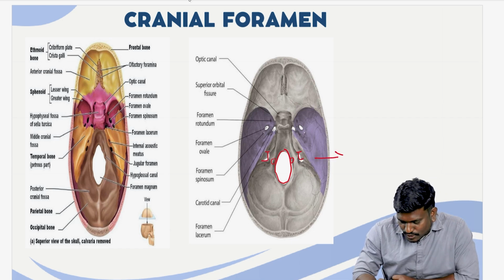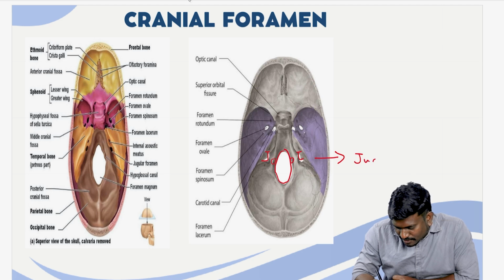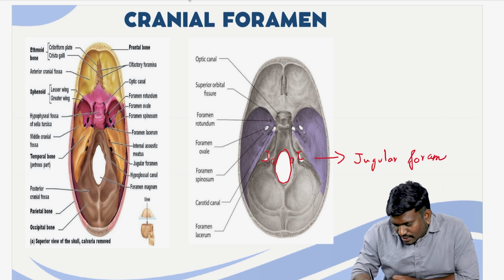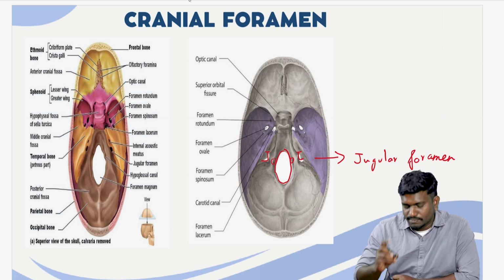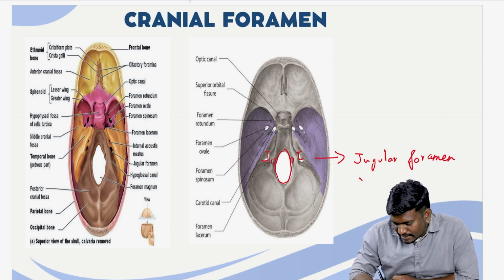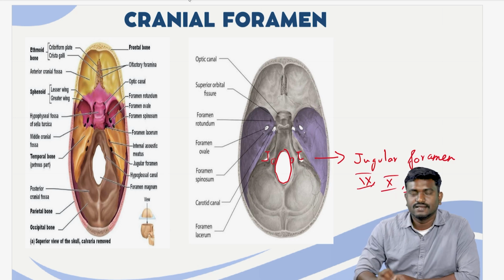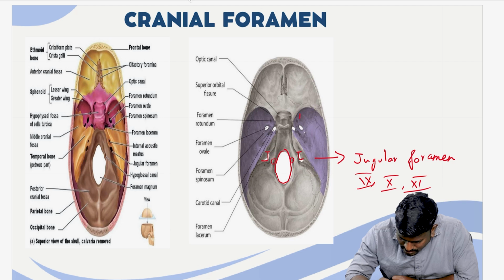Now, what are the nerves passing through jugular foramen? Please remember, it is going to be cranial nerves 9th, 10th, and the 11th. Very important.